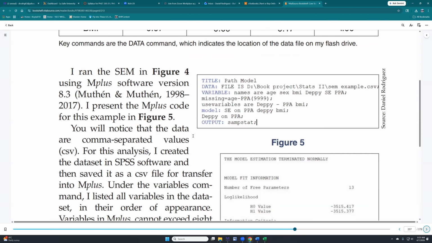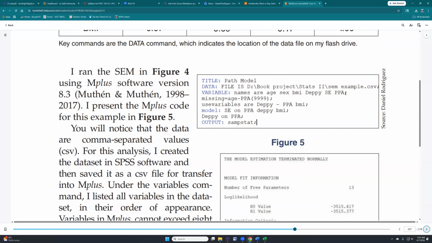Oh, so just looking at this. Here I was just talking about what the program does, so you might as well discuss the program now. The title statement is not necessary, but if you want a title, you can have a title. So I call it a path model. I provided the location of my data set and what type of data they are.